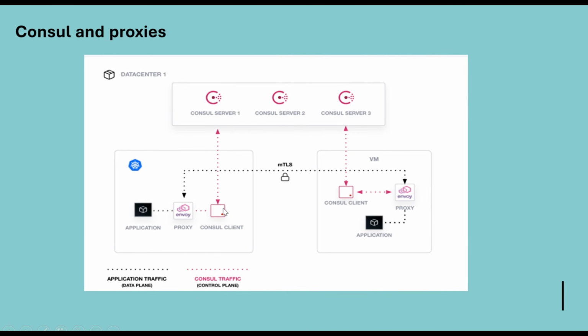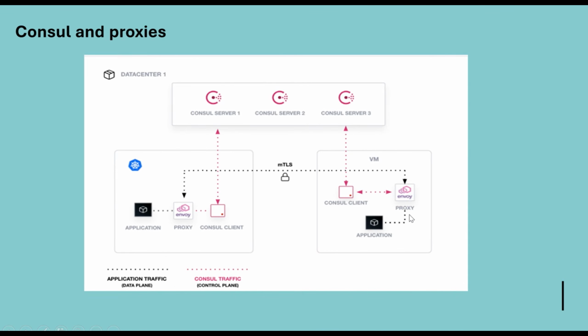Okay, and simultaneously this Consul client is checking the service in the control plane registry, whether the add to cart service is up or down. The Consul client takes the update from the control plane registry and passes the information to the proxy: hey, this service is available, and you can simply forward the request to the add to cart service. Then the proxy sends the request after getting the information from the Consul client.